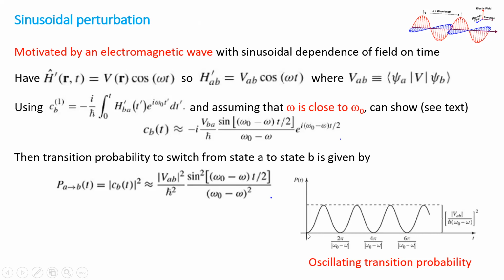So the transition probability P of t from A to B rises to a maximum, decreases back down. So it goes back. If you measured at this time, the system would definitely be in state A. Here again, it would be more likely to be in state B, here again, here definitely in state A, etc., back and forth. So very interesting oscillatory behavior.